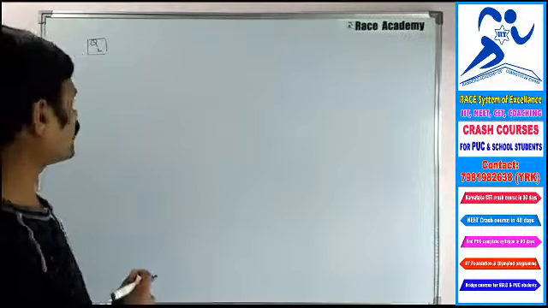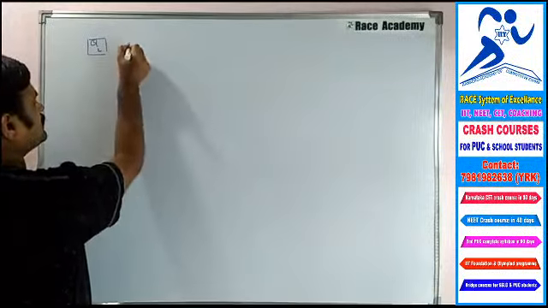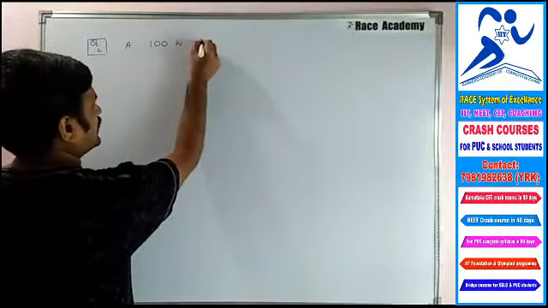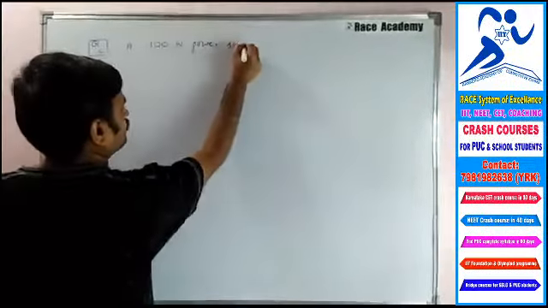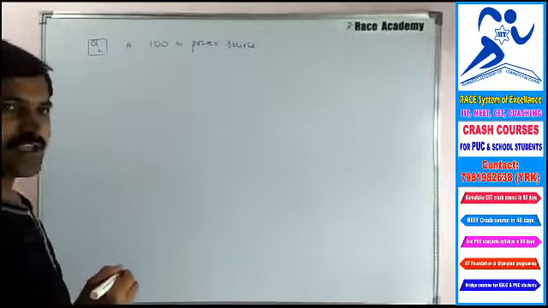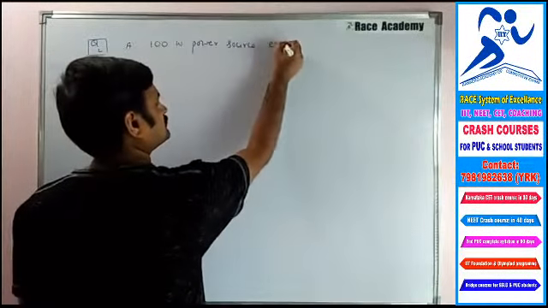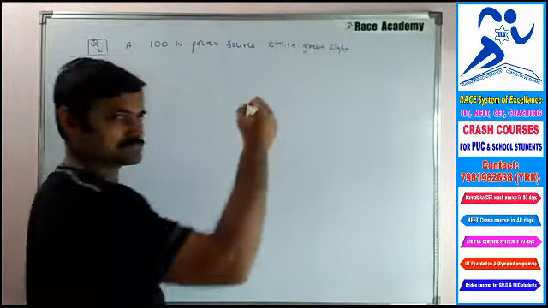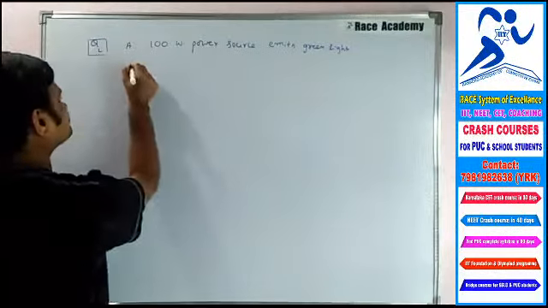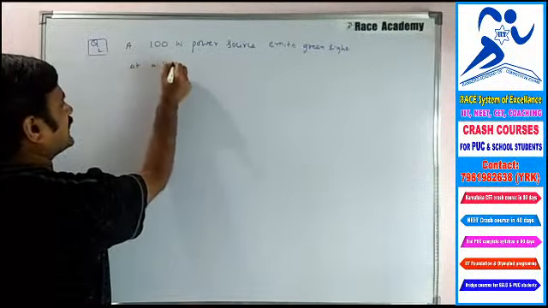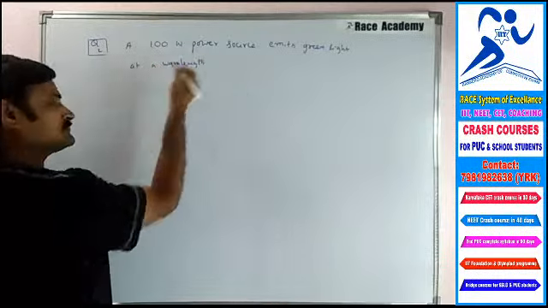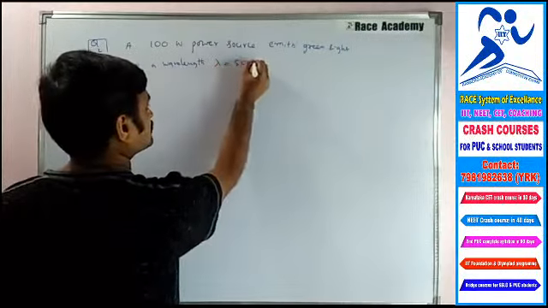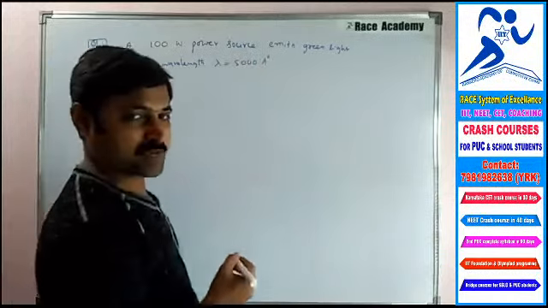Okay, let us see the next problem. A 100-watt power source emits green light at a wavelength lambda equal to 5000 angstrom units.